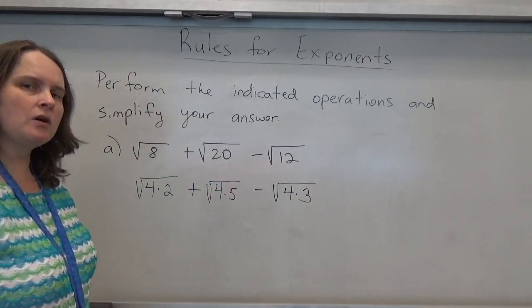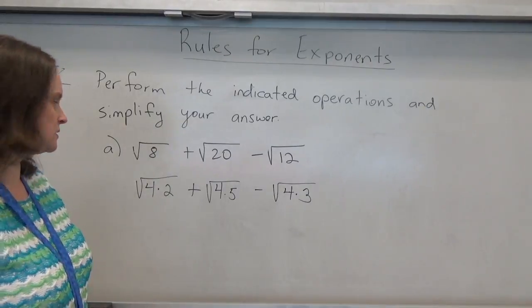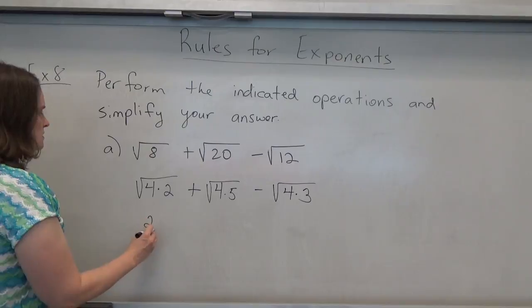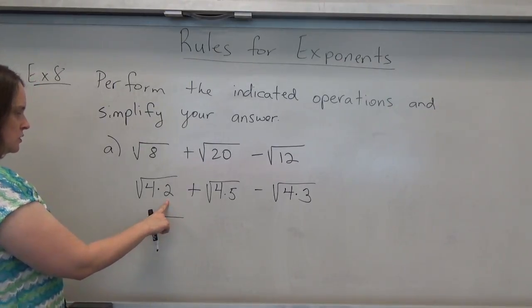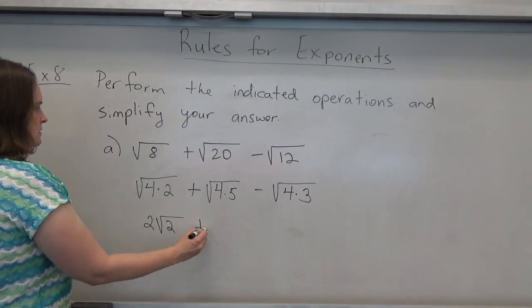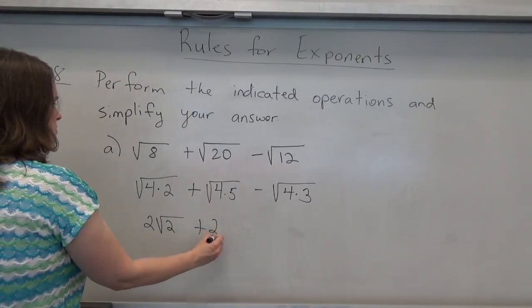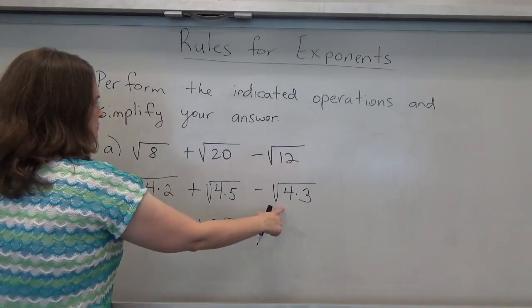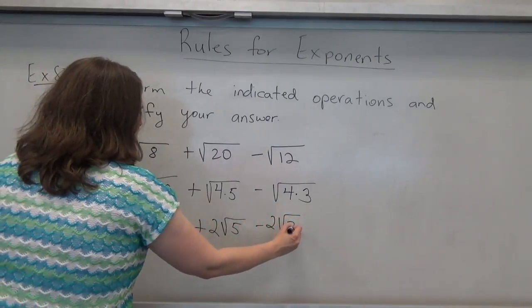So this does allow us to pull that 4 out of each of these radicals. The square root of 4 is 2. So we're going to have 2 times the square root of the 2 that's still inside. The square root of 4 is 2 times the square root of 5, minus the square root of 4 is 2, and that leaves the 3 on the inside of the square root.